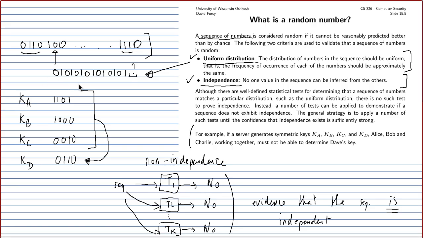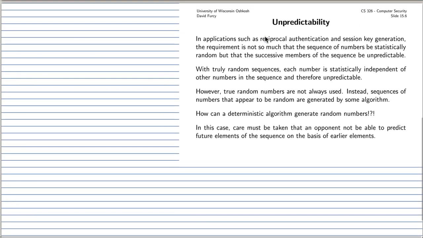Even though that sequence does exhibit uniform distribution, because the number of zeros and ones is exactly equal. So the bottom line is that this property is easy to test for, but is not sufficient in and of itself to prove randomness. And even though the other property is very strong, if you can prove it, it's very hard to prove it. So we're going to therefore use a third property called unpredictability.